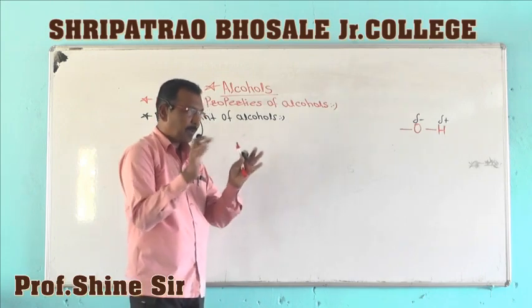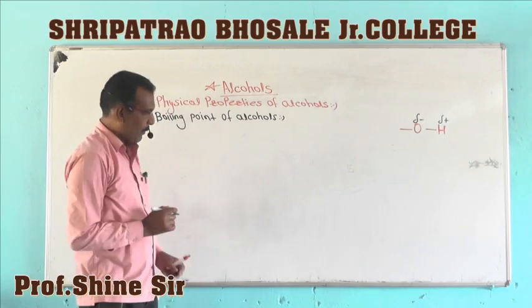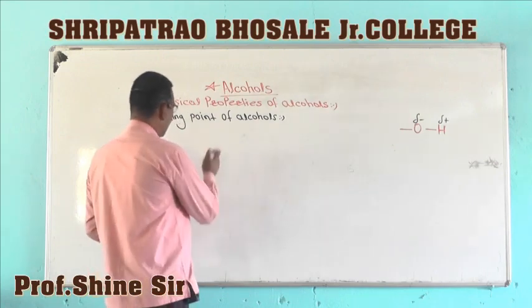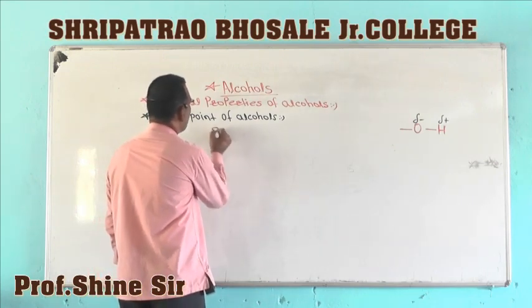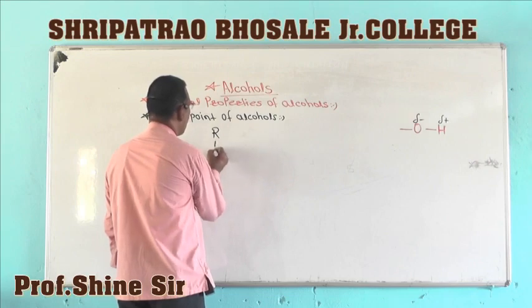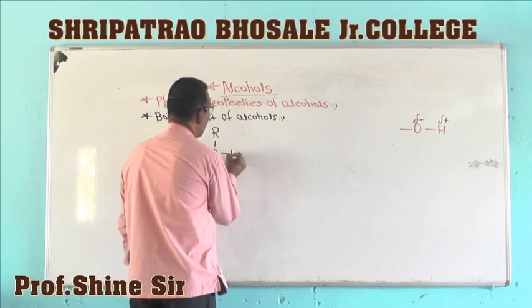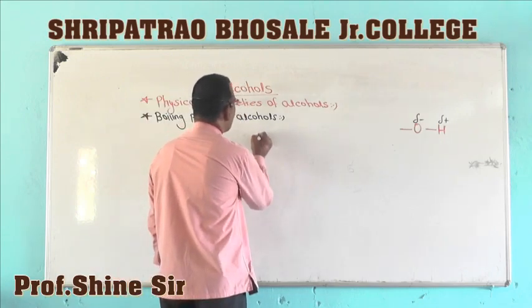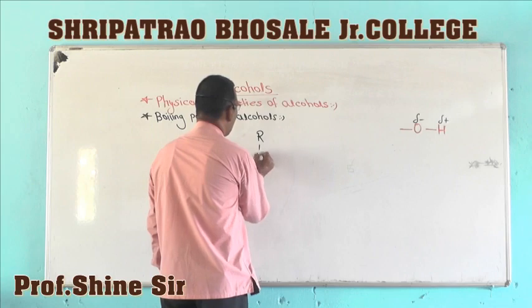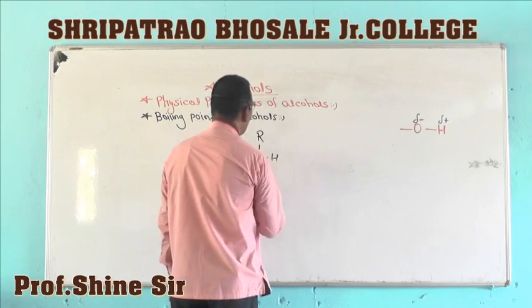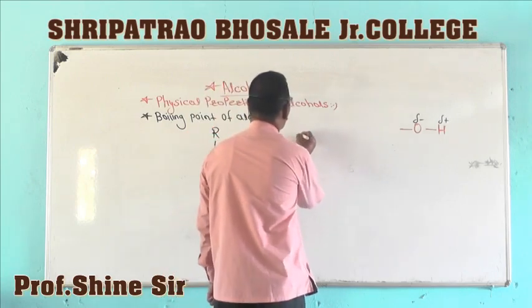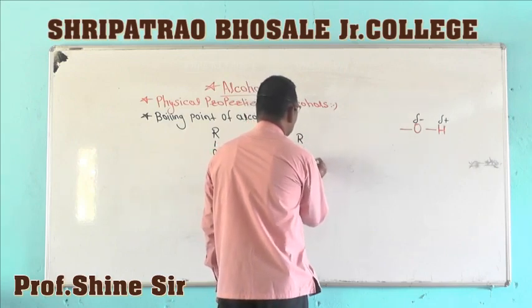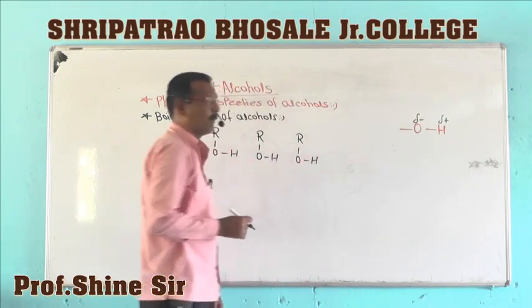Now consider a number of alcohol molecules. This is one alcohol molecule, this is another alcohol molecule, and this is another alcohol molecule.